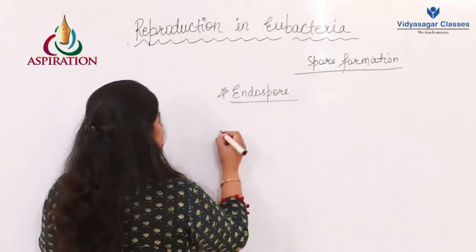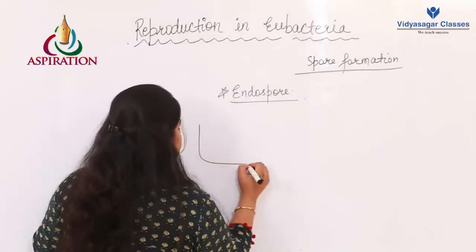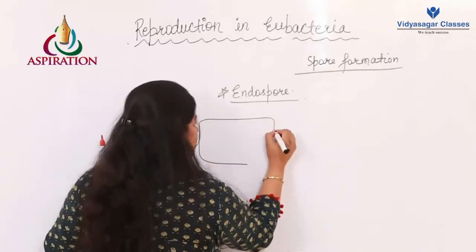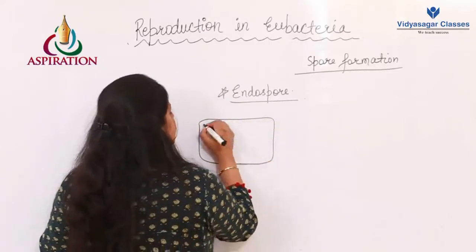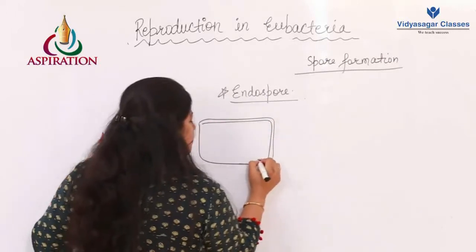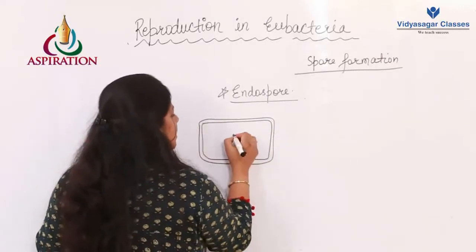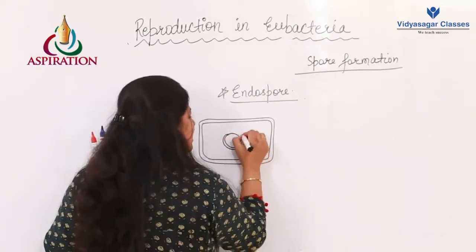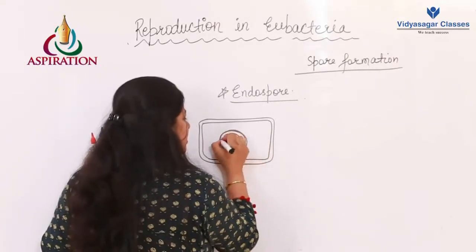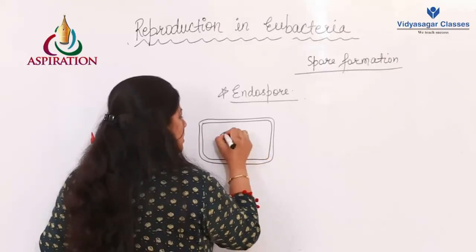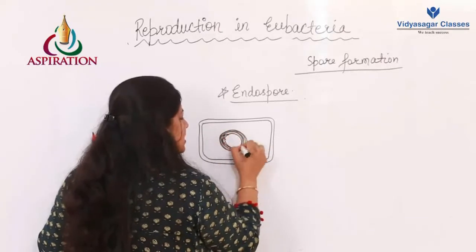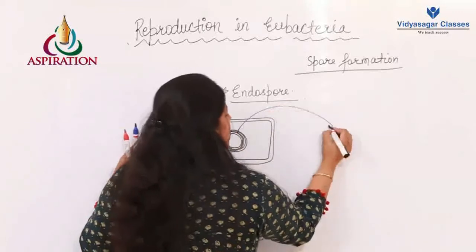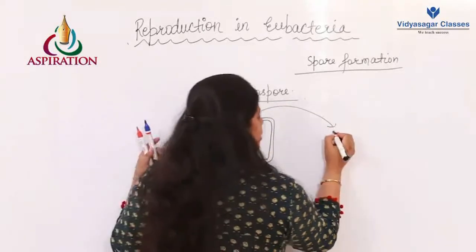Inside the bacterial cell, the complete protoplast comes to the center and secretes a thick wall around it. This thick-walled structure is known as an endospore.